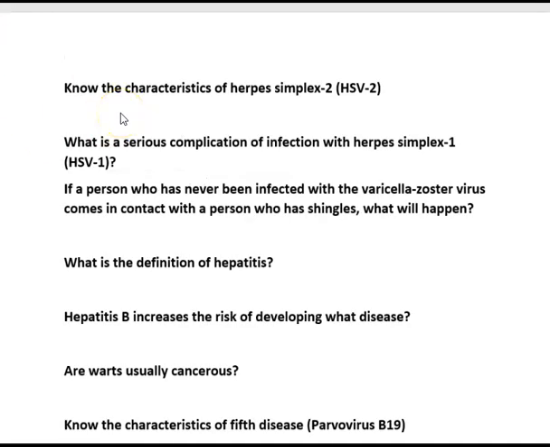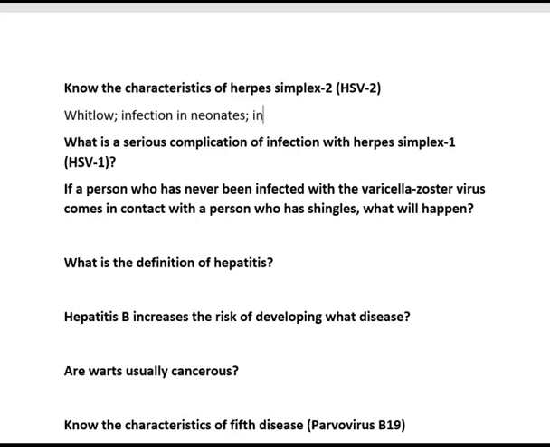Know the characteristics of herpes simplex 2. So what I want you to know is herpes simplex 2 can cause herpetic whitlow. Remember, that's a herpetic infection of the finger. It can cause severe infection in neonates that are exposed usually through lesions in the birth canal.